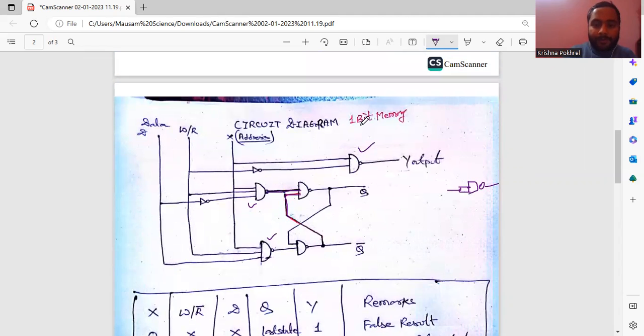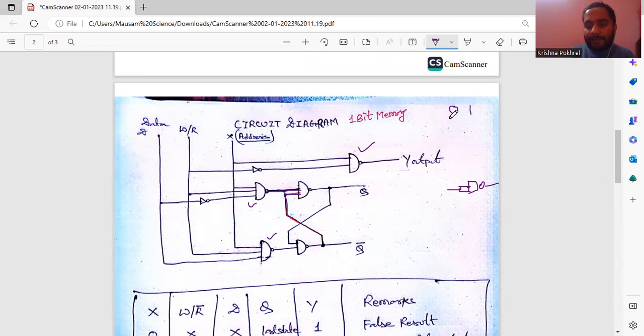What do you mean by 1-bit memory? 1-bit means either 0 or 1. Memory means it can store either 0 or 1, and we can get the stored data in our next follow-up, the data which we stored in our previous work.